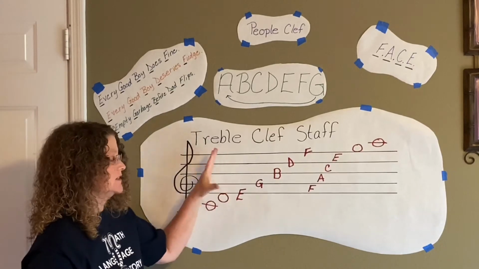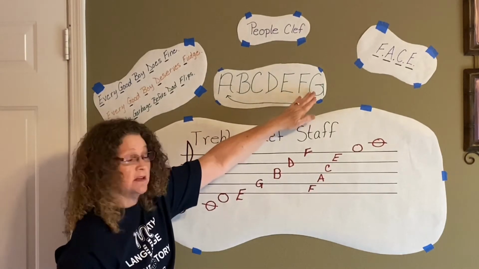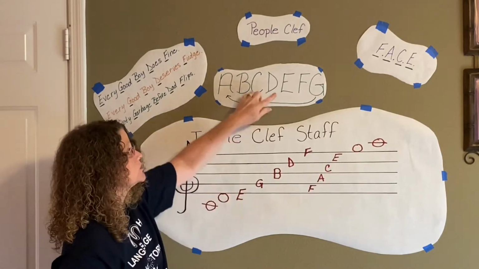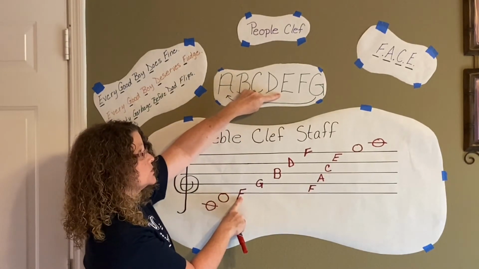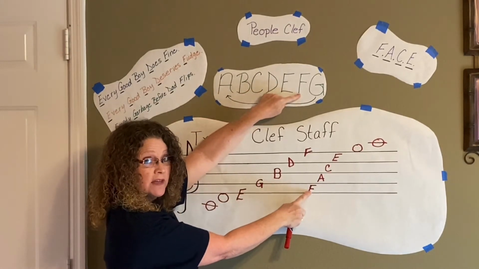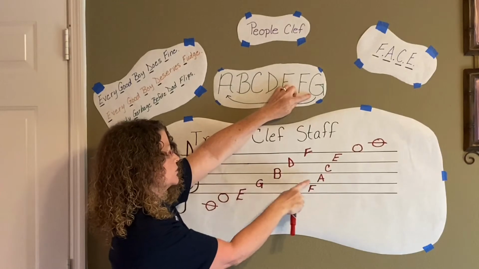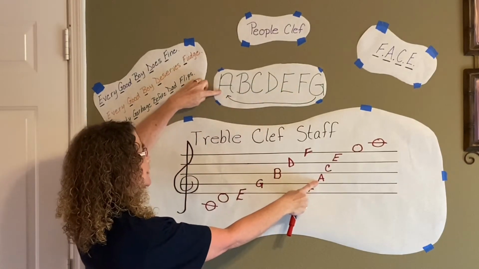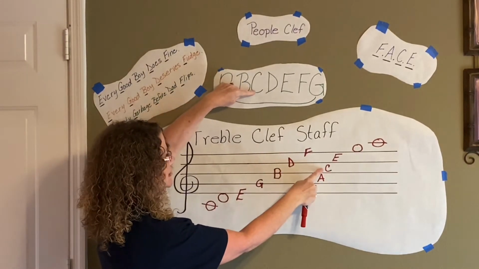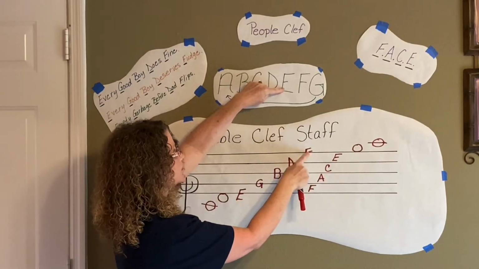If you look at our staff, which we have already labeled, our alphabet letters go in order and then repeat at A. Line 1 is E. So I'm standing on line 1, E. So then I have to go to a space, and sure enough, the next space is F. After a space, I have to go to a line, the next line, G. After a line, I have to go to a space, the next space, we start again at A. Then up to a line, B, up to a space, C, up to a line, D, up to a space, E, up to a line, F.